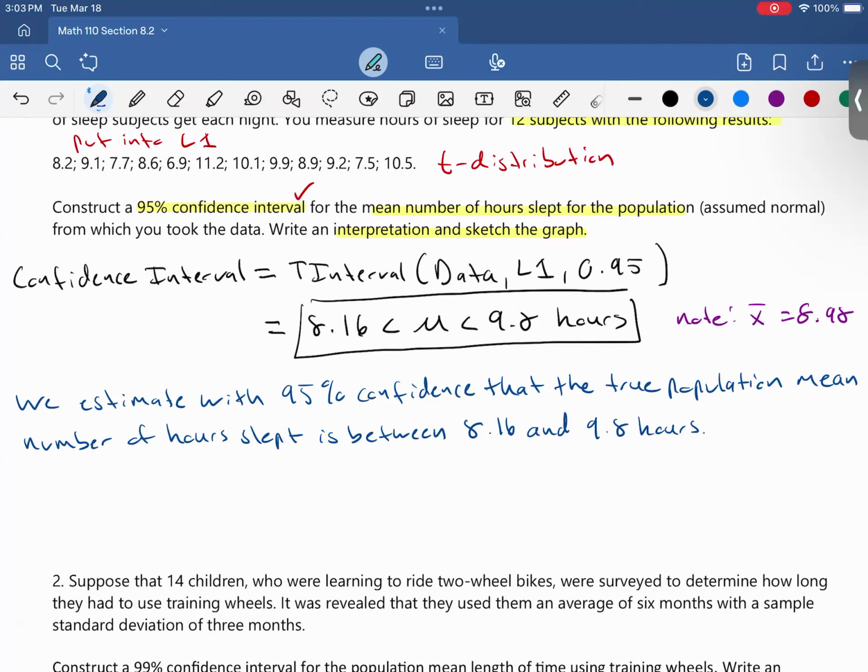Okay, that's our interpretation, so it takes care of that part of the question.